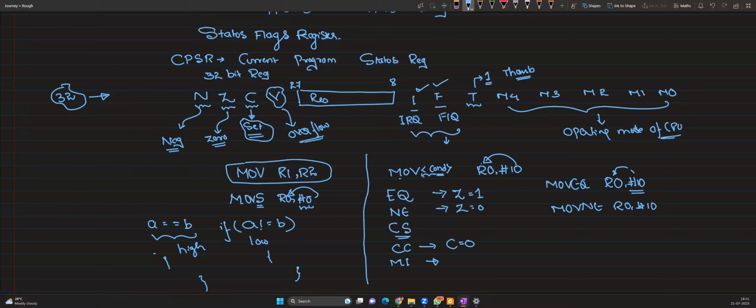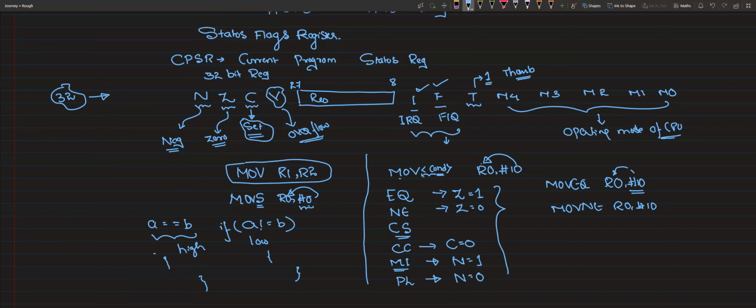When the number is negative, the N flag. Very good. If N equals 1, then only move that number. MI means minus. Next is PL, that means plus, if the number is positive, so if the N flag is 0, then only. So these are the conditional statements.